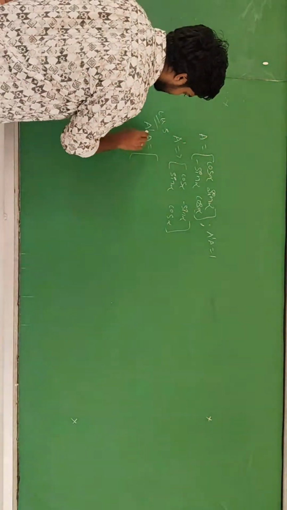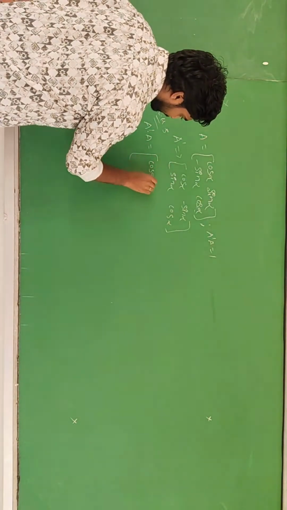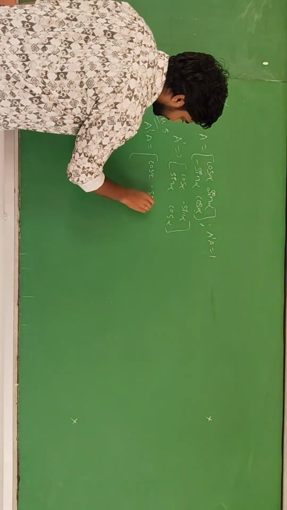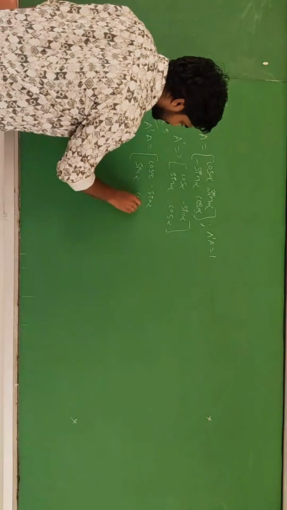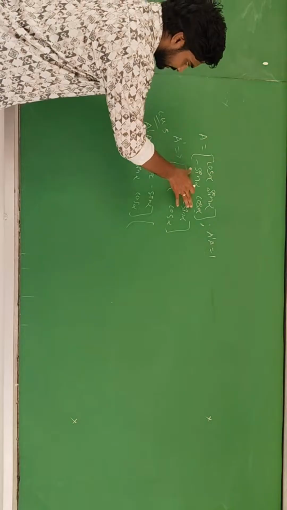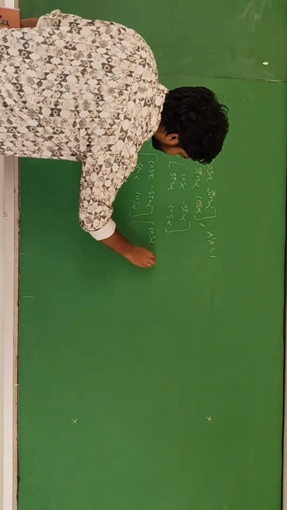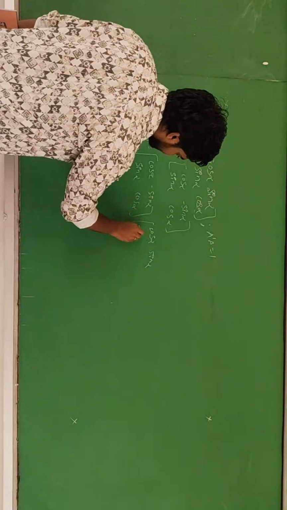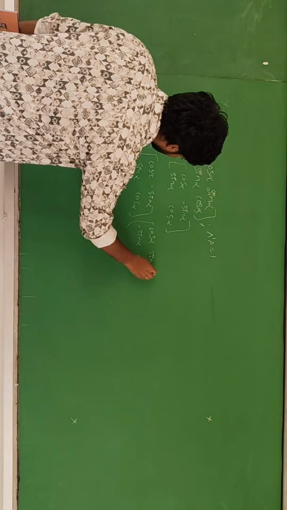So now it's time to replace A dash with cos alpha, minus sin alpha, sin alpha, cos alpha, and in the place of A, the matrix given in the question, cos alpha, sin alpha, minus sin alpha, cos alpha.